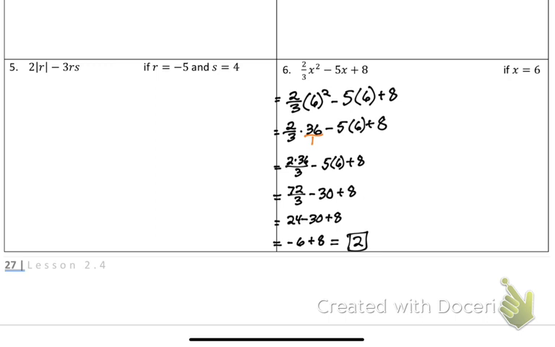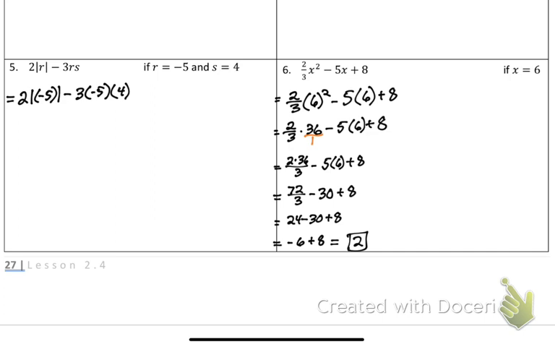All right, so number 5, we are replacing r's with negative 5, right? So instead of 2 times the absolute value of r, we'll have 2 times the absolute value of a negative 5, minus 3 times our r, which is negative 5, and our s is 4.